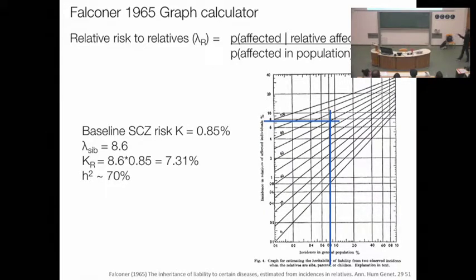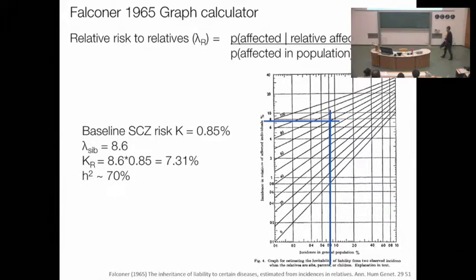If we take the risk to relatives, the risk to siblings to be 8.6, we can calculate K as 8.6 times 0.85 to give us 7.31%. And we can move from the incidence in the general population, which is just under 1% here, up to the incidence in relatives, which is 7.31, to get an estimate of this line of the heritability of schizophrenia, which puts us at an estimate of about 70%, just based on family data.